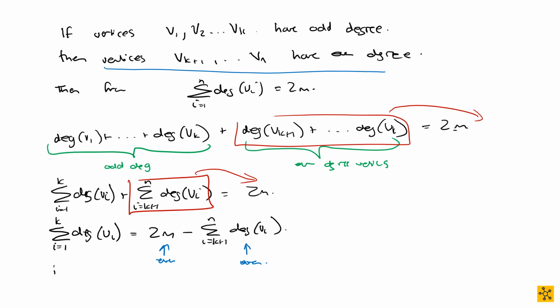So we have that this is even, and therefore, from the fact that if you sum up a bunch of odd numbers and get an even number out of it, there must be an even number of odd numbers. And therefore we have that k is even, and we are done with the proof.